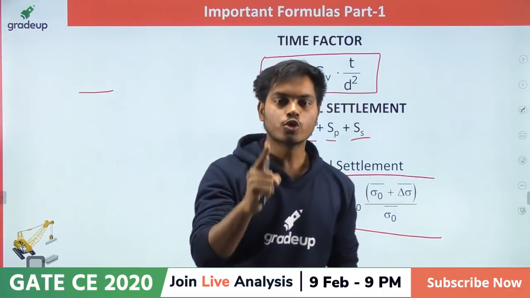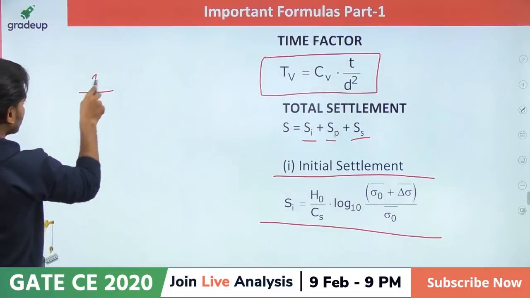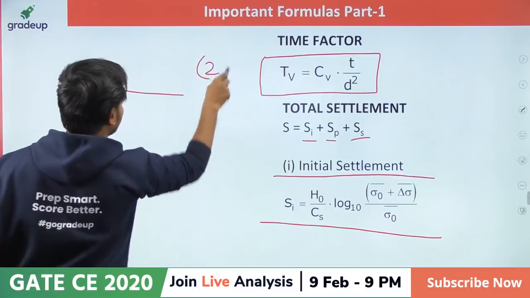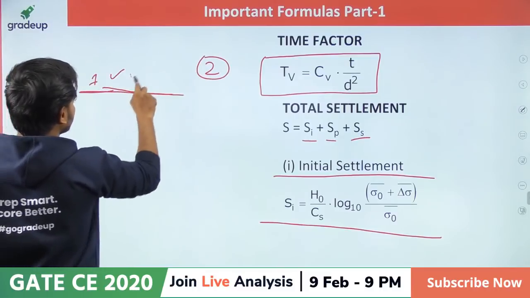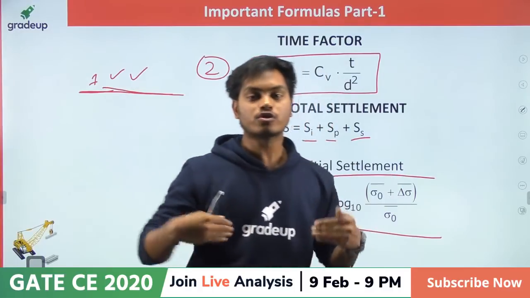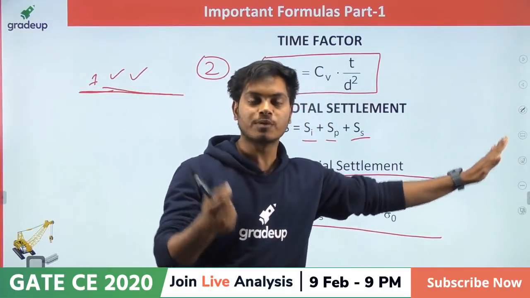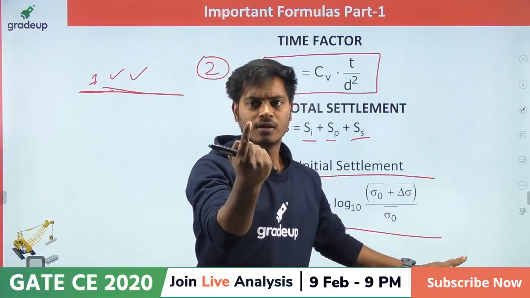So you have to save your energy for 2 marks questions. We will solve all the questions which I know, only the questions which I know. I won't solve the question which I don't know. I don't want to waste the time because it will give me only 1 mark.